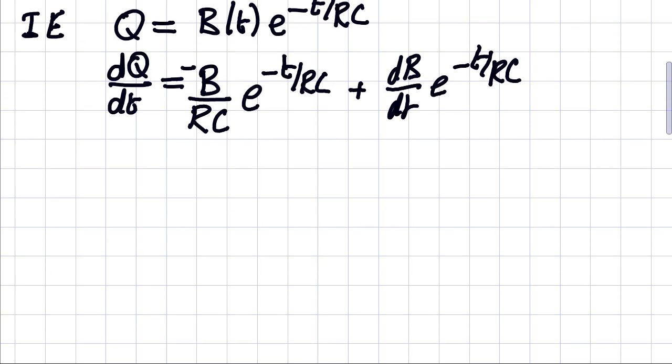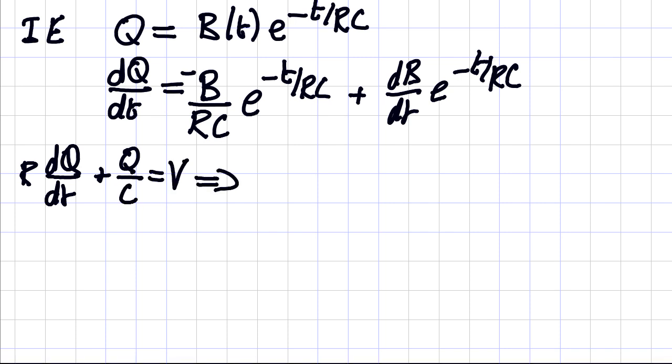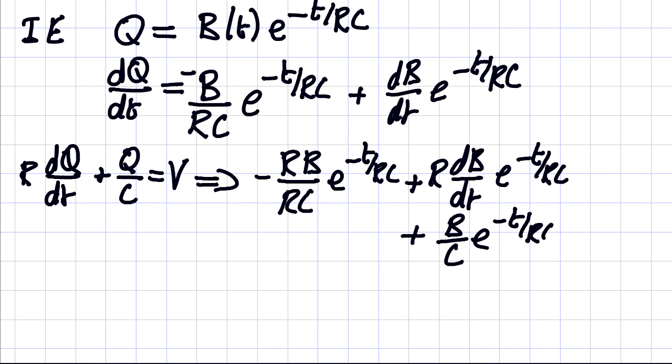So I want to substitute these into my differential equation, which is R dQ/dt plus Q over C equals V. So that gets me minus R B over RC e to the minus t over RC, plus R dB/dt e to the minus t over RC, plus B over C e to the minus t over RC, all equals V. So I see I can cancel the R's, R and R, and then I can cancel the B over C e to the minus t over RC terms.